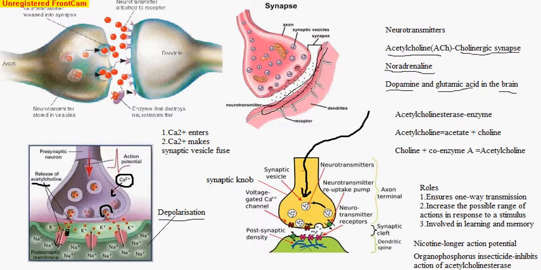The synaptic vesicle releases its contents, which are the acetylcholine, the neurotransmitters. The neurotransmitter enters the adjacent neuron, and over here they allow sodium ions to flood through the open channels in the postsynaptic membrane.